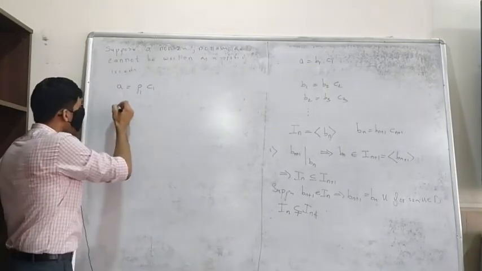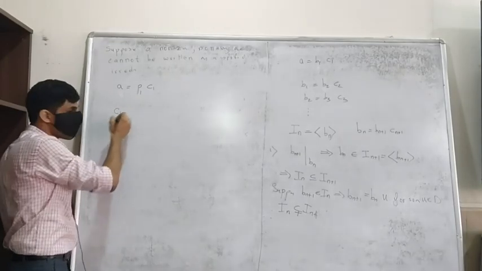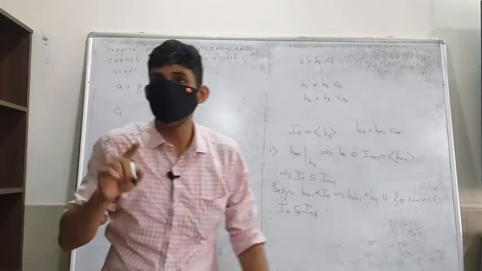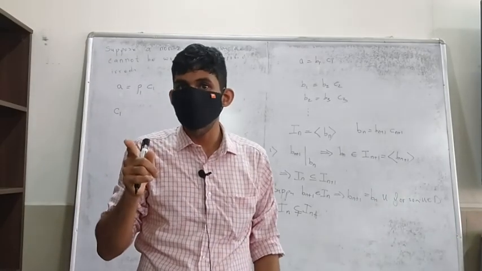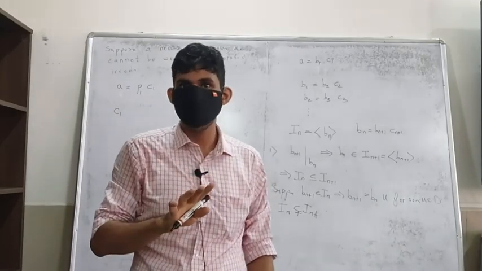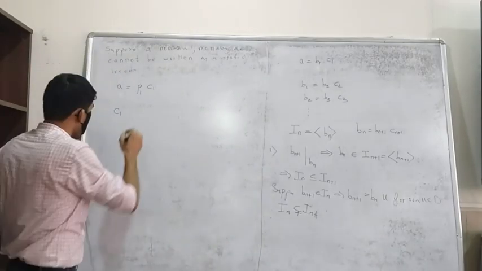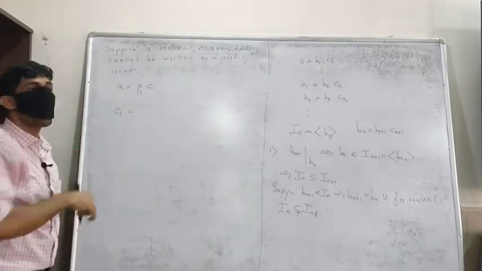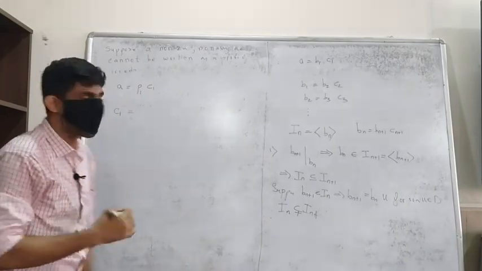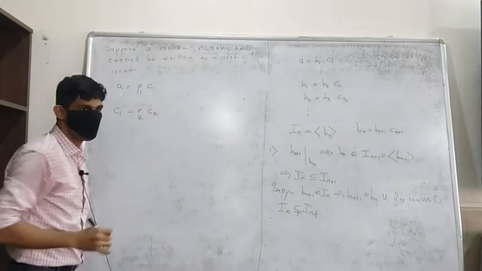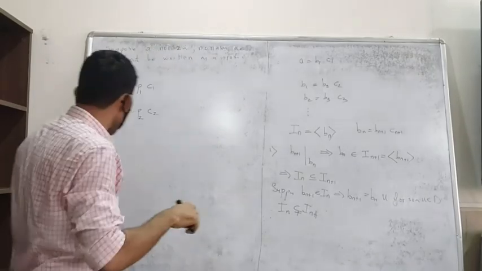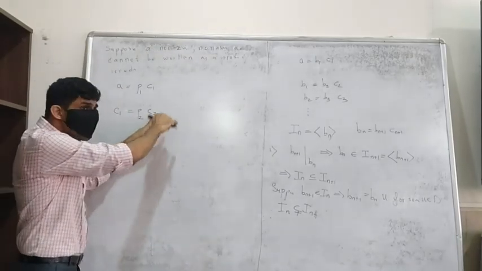Now look at C1. C1 is not an irreducible and not a unit. So it's reducible. This also has an irreducible divisor by the previous result, so you can write this as P2 times C2. Again C2 cannot be a unit.